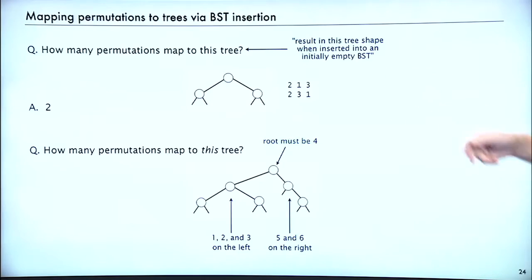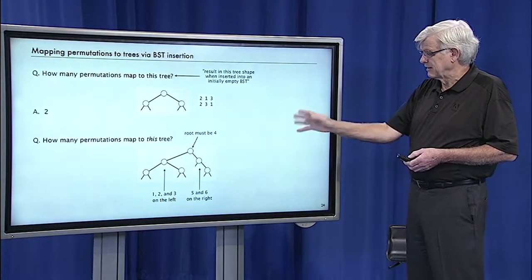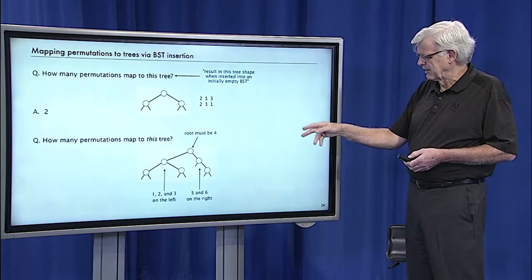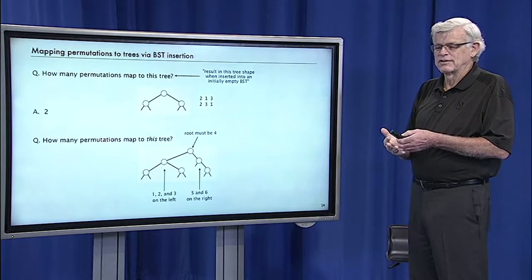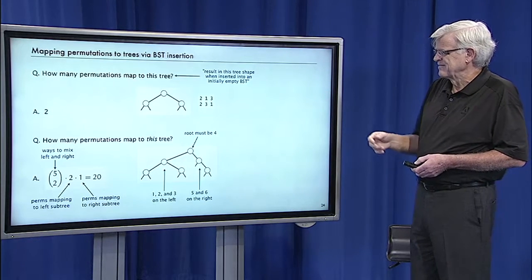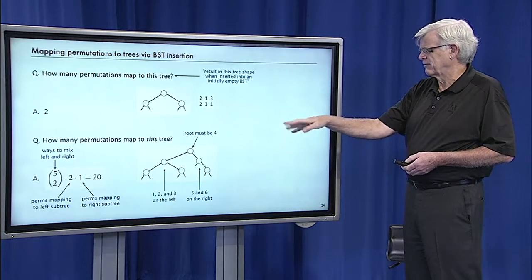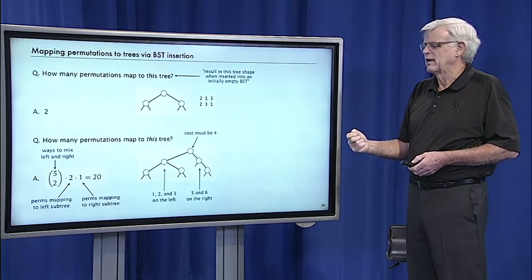And on the left, you have 2 possibilities, either 2, 1, 3 or 2, 3, 1. But the other thing is that those 2 possibilities, with the 1, 2, 3, and the 5 and 6, can be intermixed any number of ways. So the answer is 20. You've got 5 keys, that's the stuff that goes on the left and the right, and you can intermix them 5 choose 2 ways.